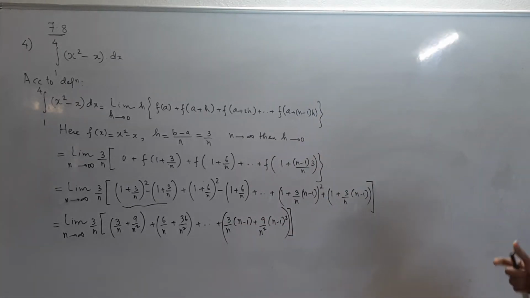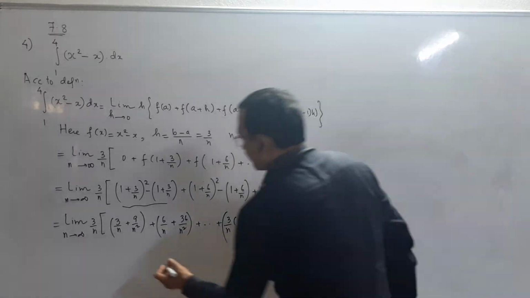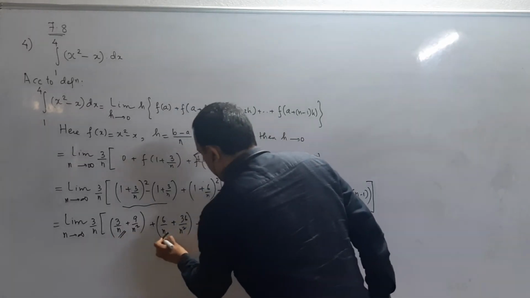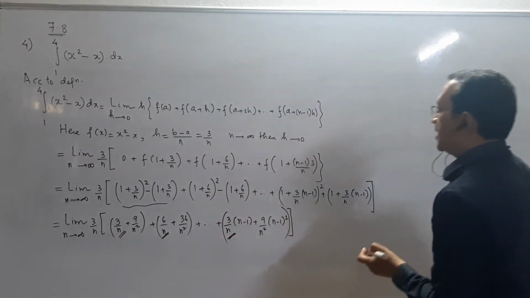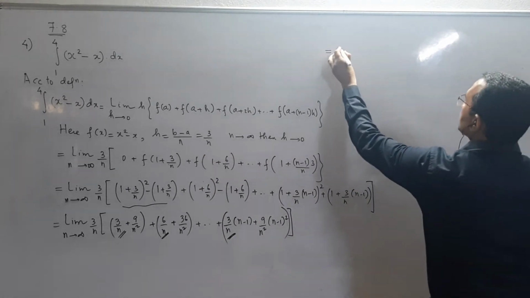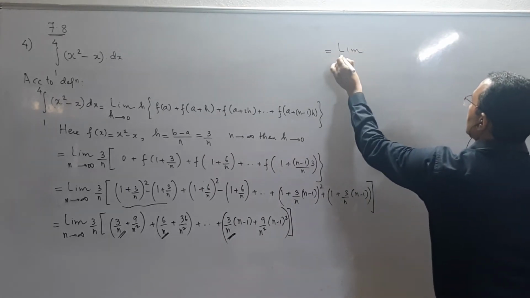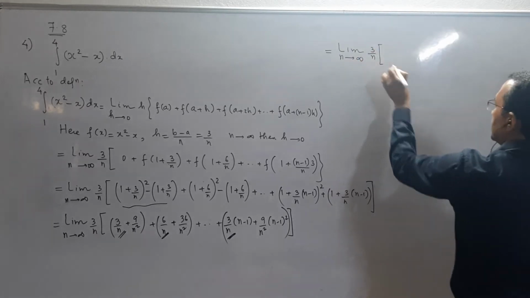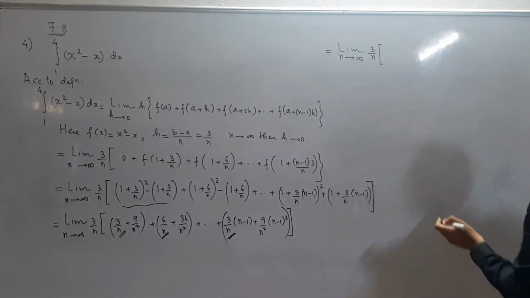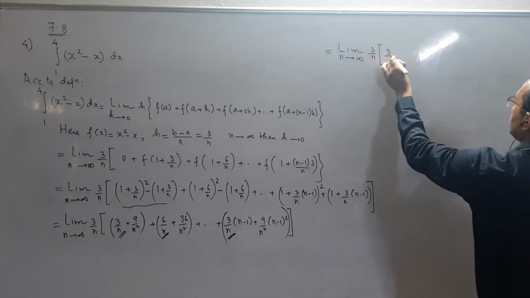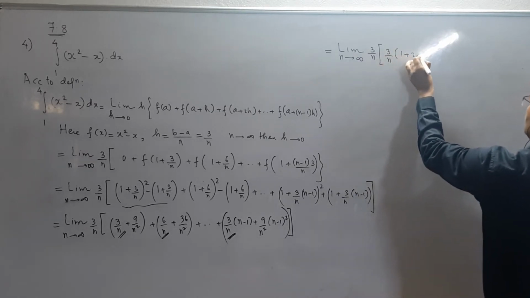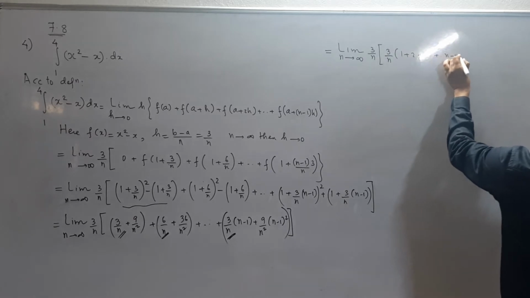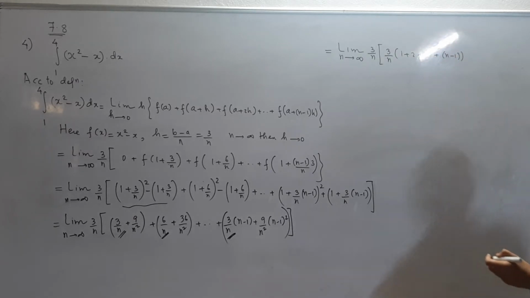Now from all these first terms in the bracket, 3 by n is common. So limit n tends to infinity, 3 by n outside, and if I take 3 by n common, then the bracket will give me 1 plus 2 plus 3 up to n minus 1.